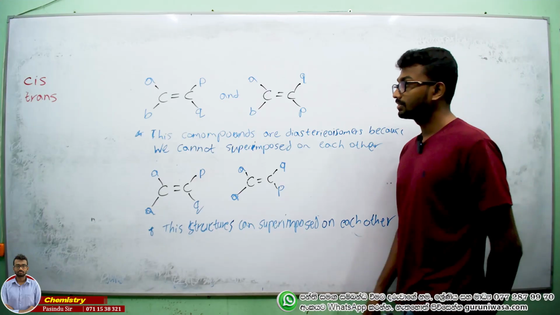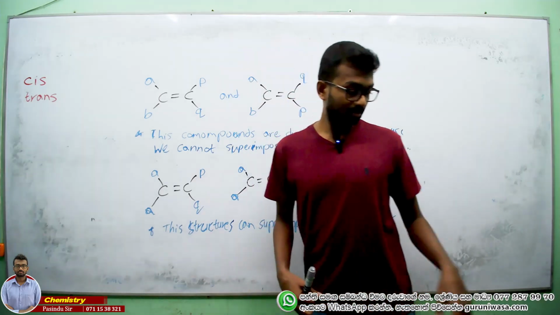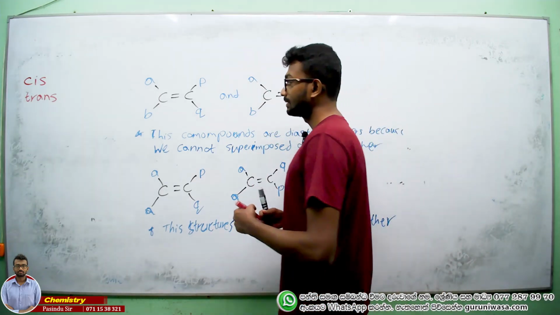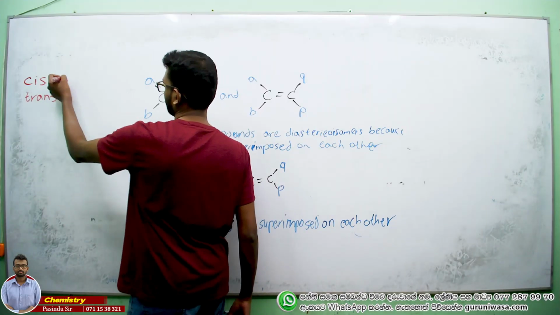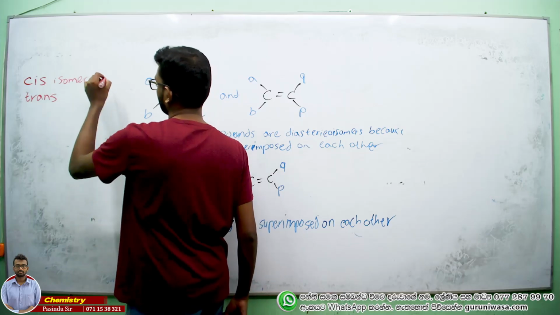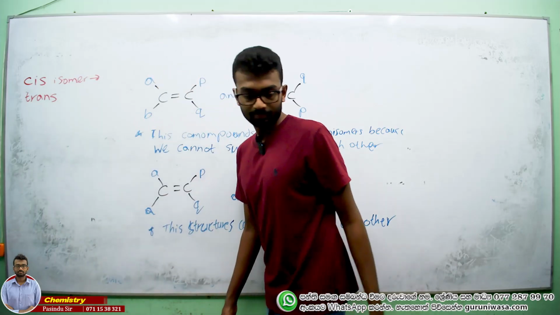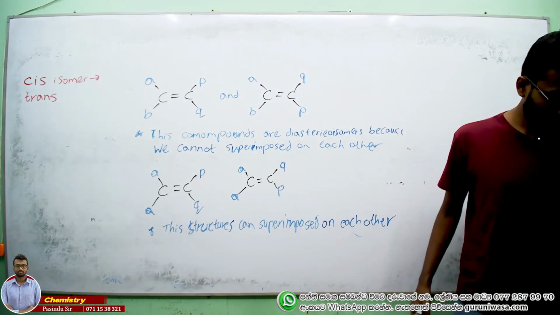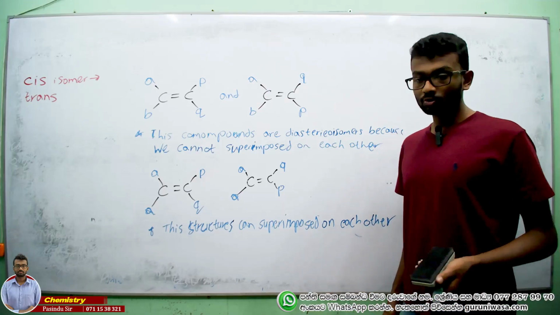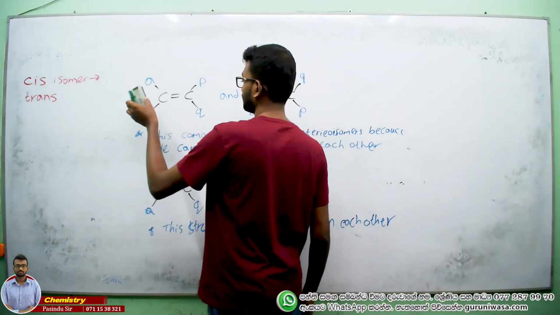Cis, we call cis isomer. Let's write cis isomer. How does it become cis? Similar groups on the same side.